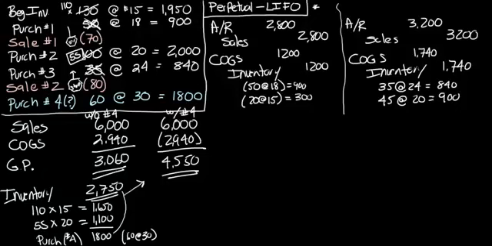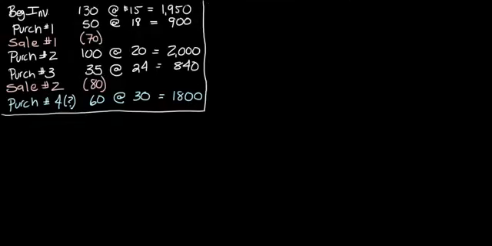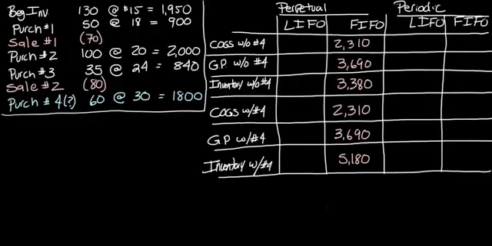So let me close this window, and let's put this summary data on our sheet right here. So that was perpetual LIFO. My cost of goods sold under perpetual LIFO was $2,940, and that was with or without number 4.